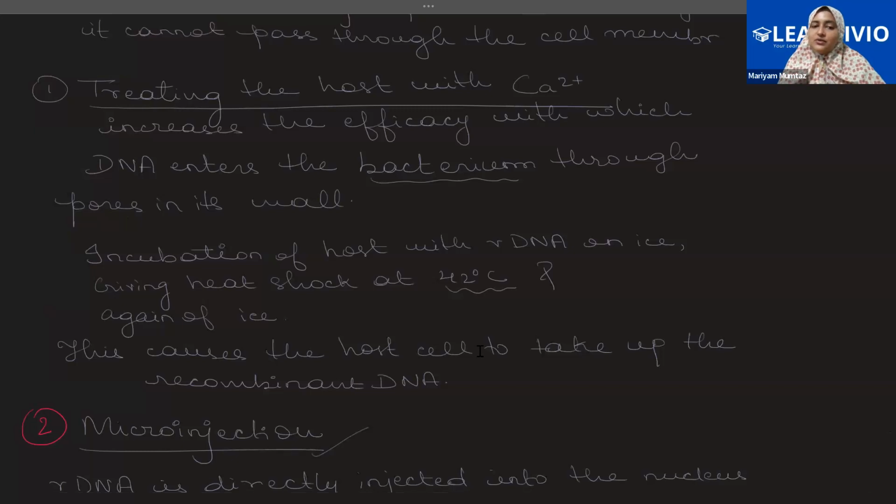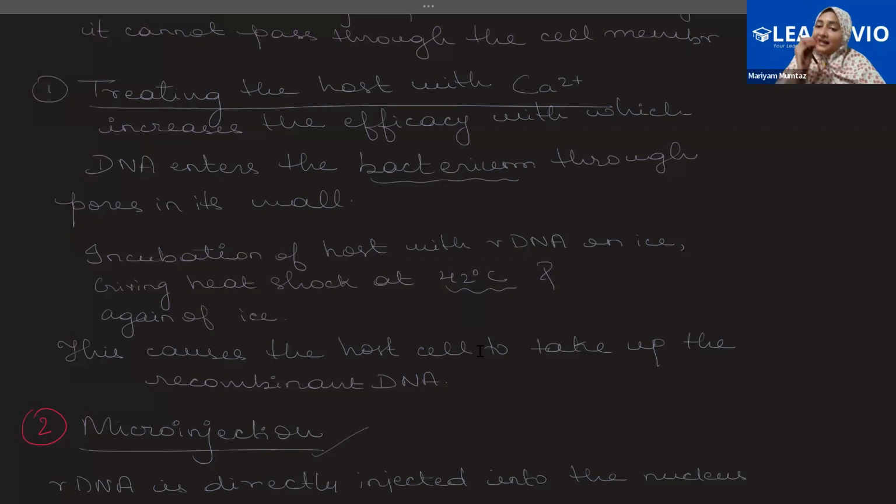Now, in this process, calcium ions have a great connection with the cell membrane and its permeability. So this calcium dipositive ion increases the efficacy with which DNA enters the bacterium through pores in its wall. See, this calcium ion treatment is done in the case of bacteria.